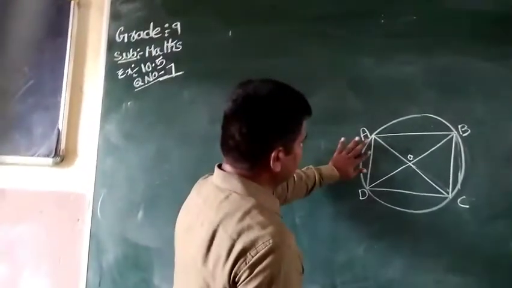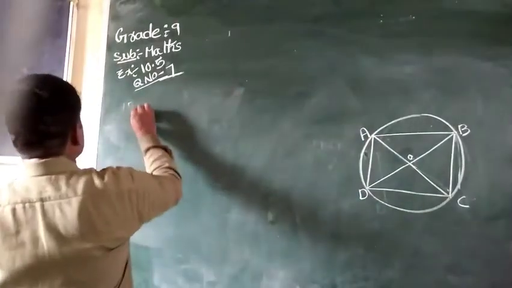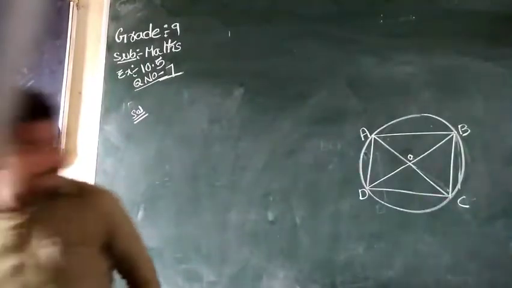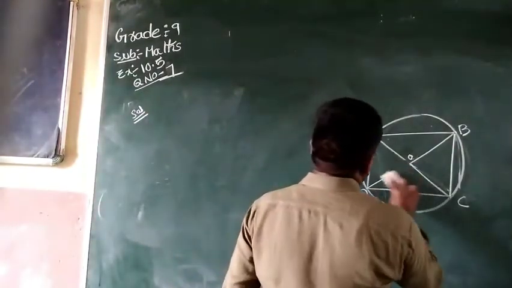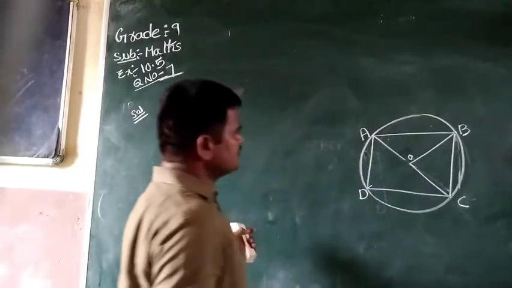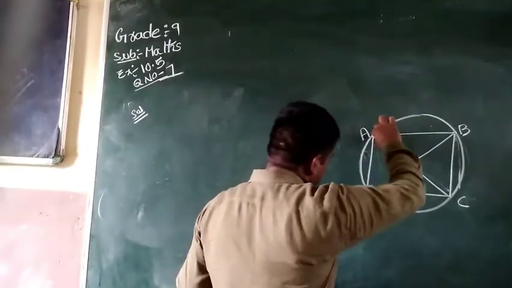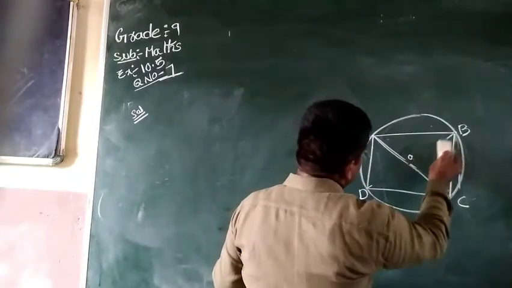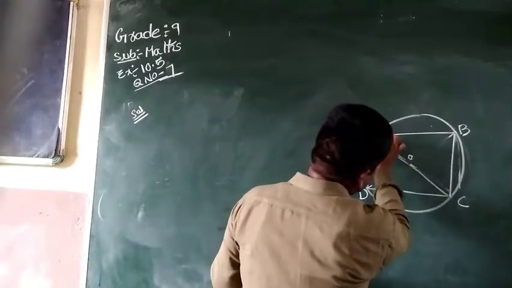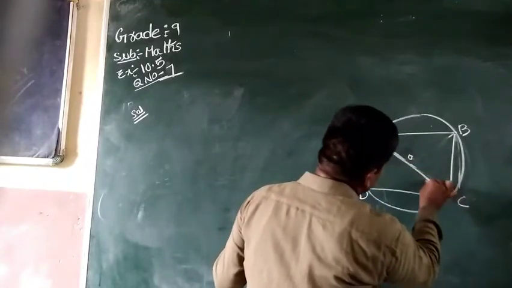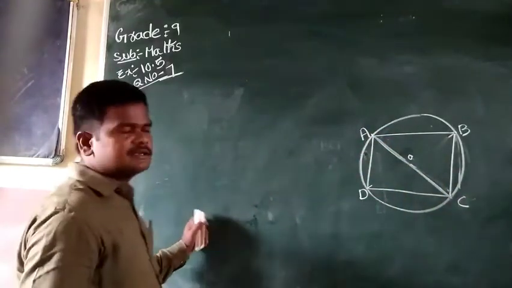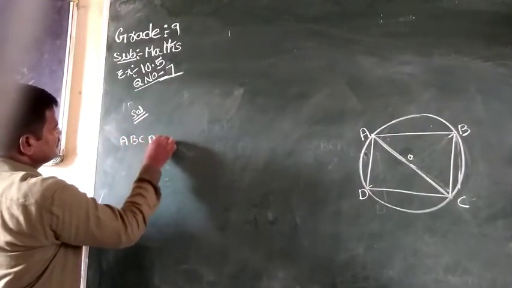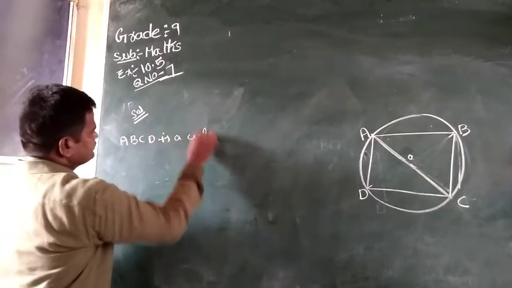So how to find it? Here is the solution. First of all, ABCD is a cyclic quadrilateral. This is the diagonal, and the diagonal passing through the center of the circle makes a semicircle.